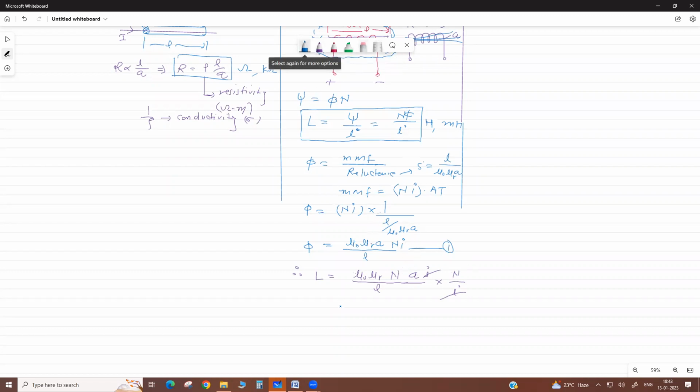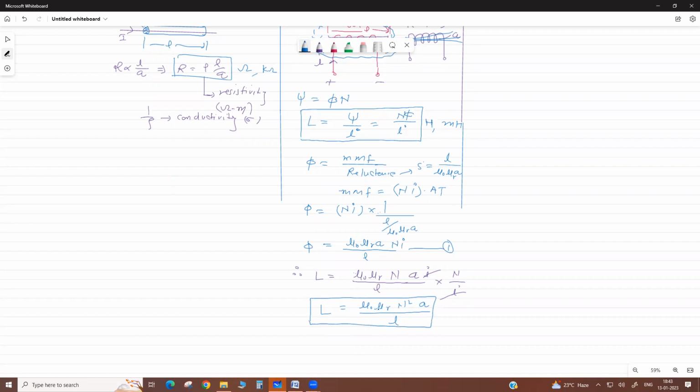Now we can write L equals mu 0 mu r N squared A divided by length. So this is the inductance of a solenoid coil.